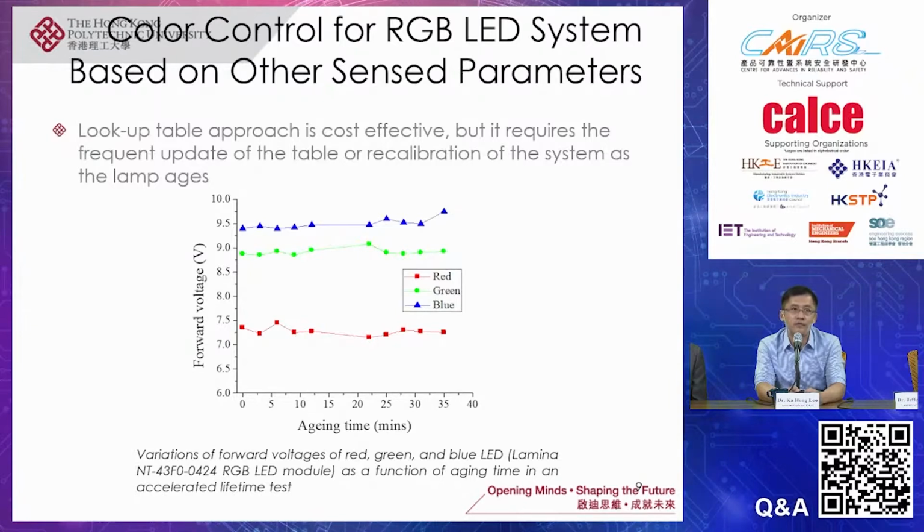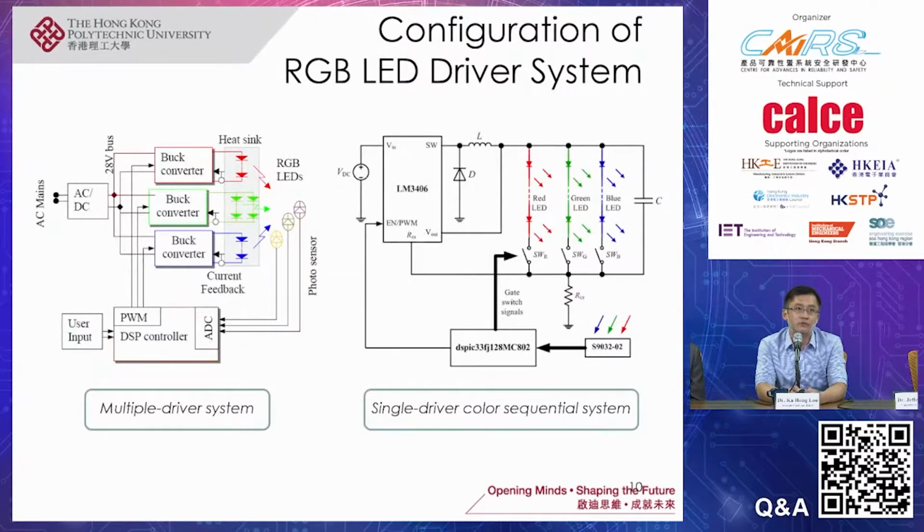So the previous two methods, based on electric power feedback and forward voltage feedback, are not suitable for a situation where the LED system or the luminous flux decays due to aging. Therefore, we think that the photosensor-based method would still be the ideal choice for this kind of application, because there's no calibration needed.